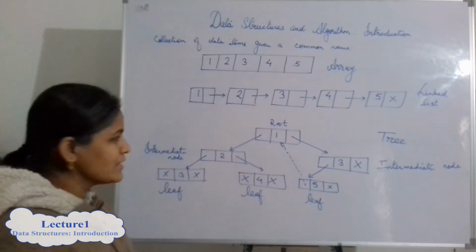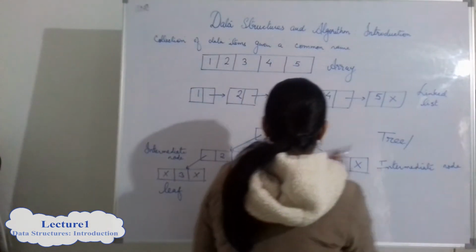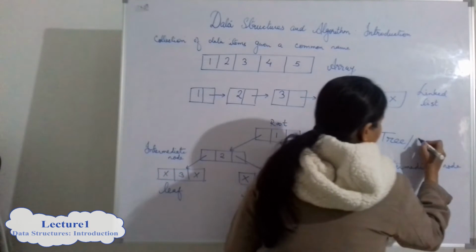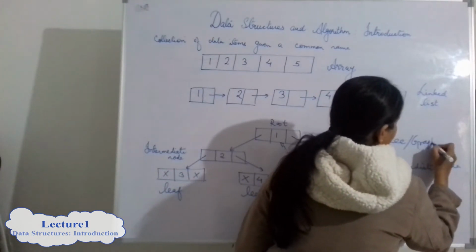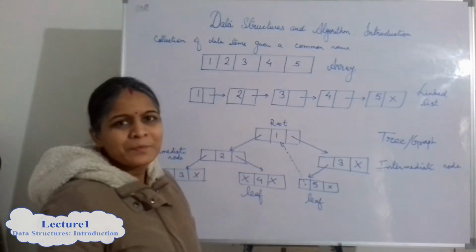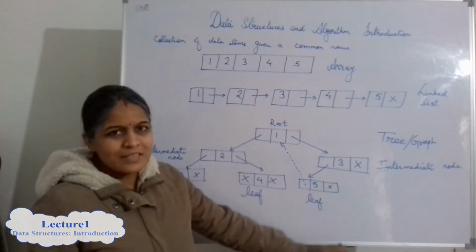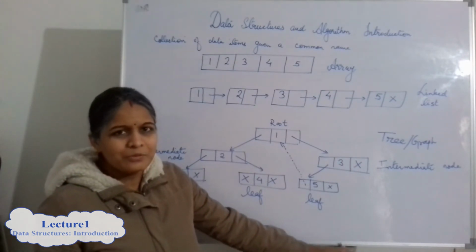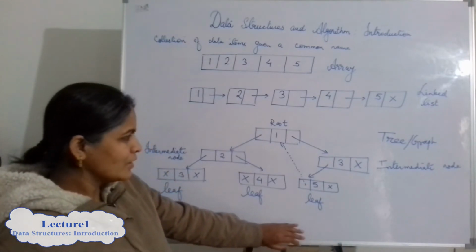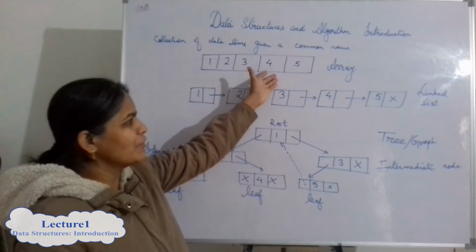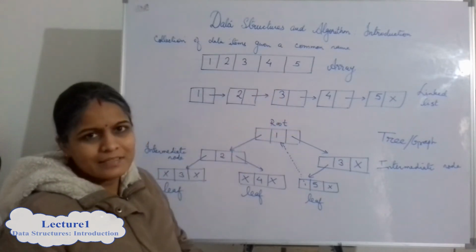Then this data structure becomes graph because cycle is formed. This and this. Okay. So this is called graph data structure. There are some more data structures like stack and queue, but stack and queue will be implemented with help of array or linked list. Okay.